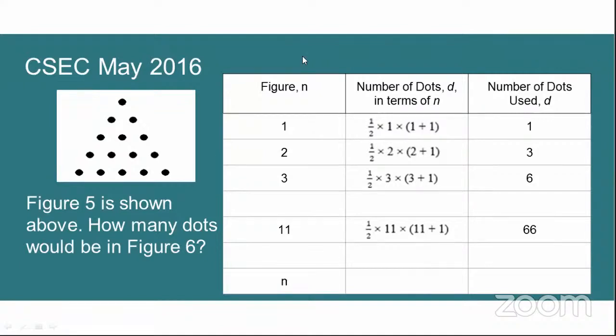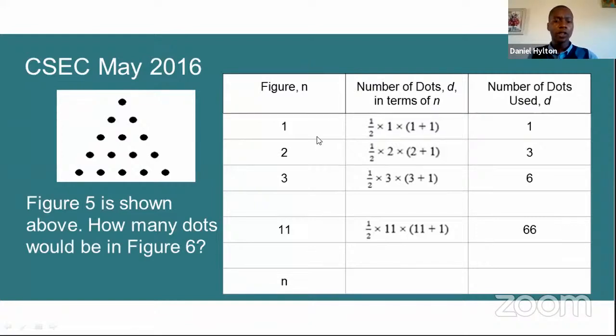In response to how many dots will be in figure 6, I'm seeing 21 coming up quite rapidly. 21 from Davia, Pamela, Vanessa, Franklin, Cherise, coming up fast and furious. Okay. All right, we'll look at that shortly.